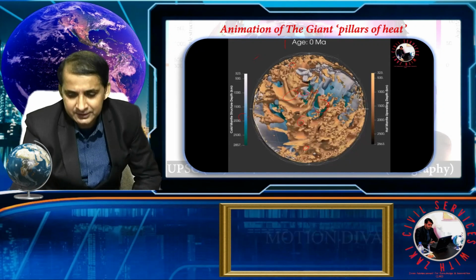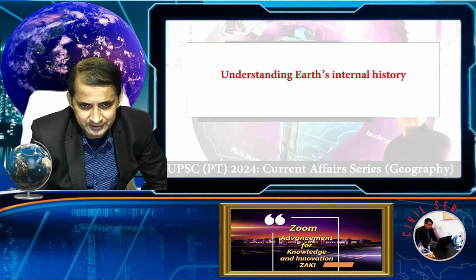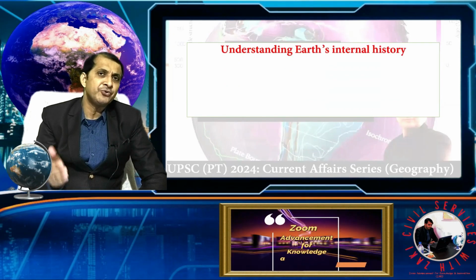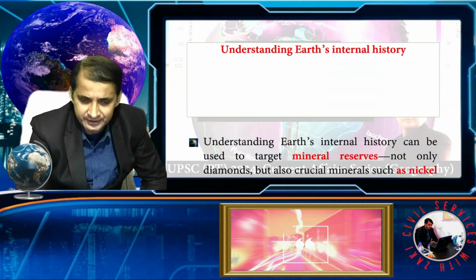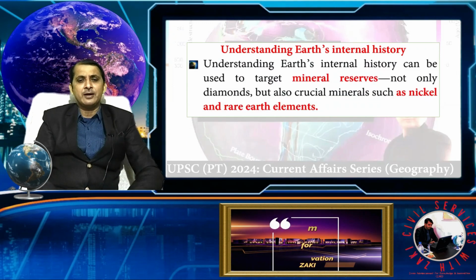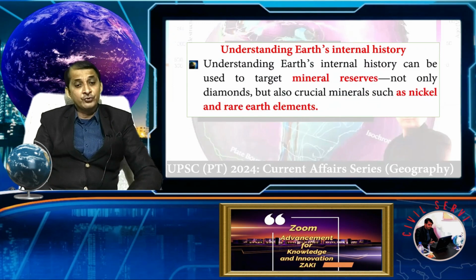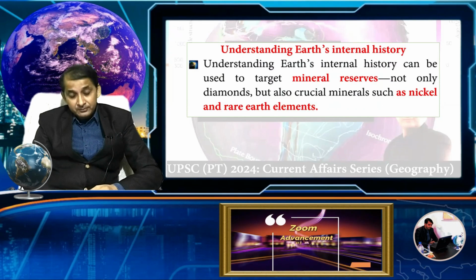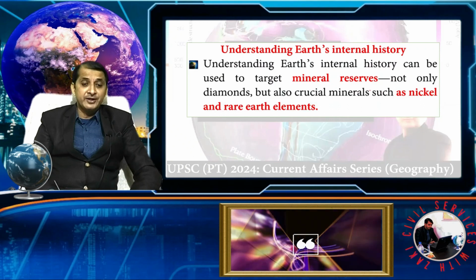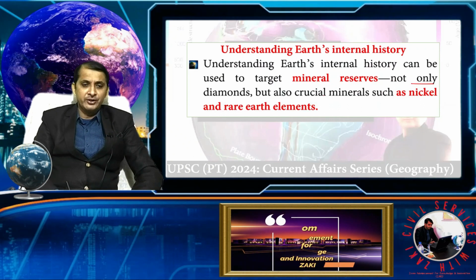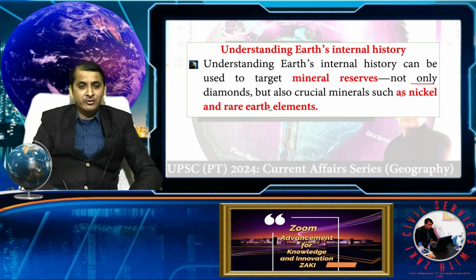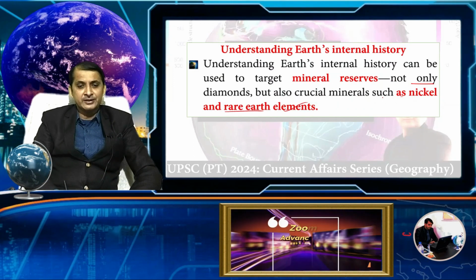So let's move forward and see understanding the Earth's internal history. So why do we need to understand the Earth's internal history? See here, understanding Earth's internal history can be used to target mineral reserves, not only diamond. It's not only diamond but also some crucial minerals like nickel and also rare earth elements.